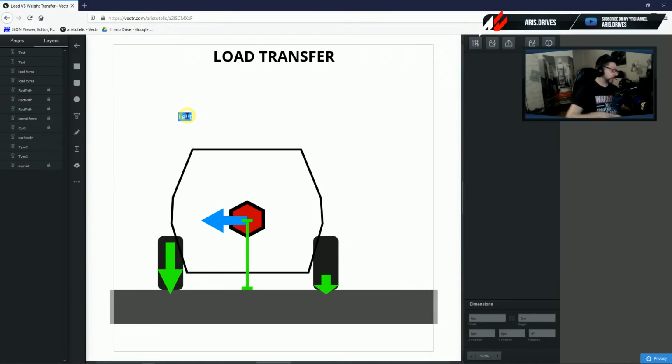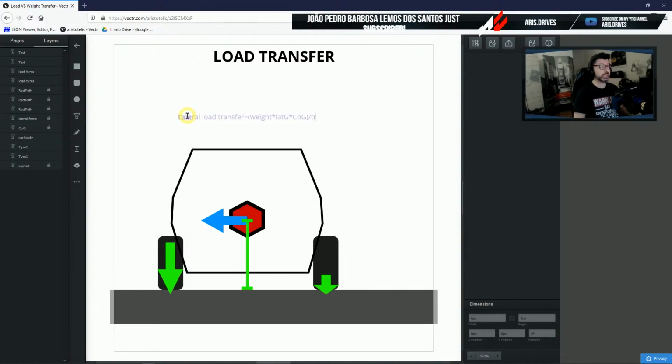We have lateral load transfer, and that is equal to the total weight, multiplied by the lateral force, lat g, multiplied by the height of the center of gravity, and all of that is divided by the track.